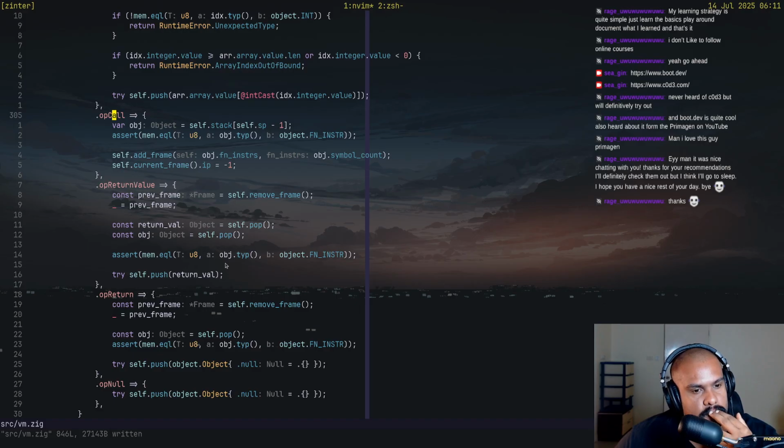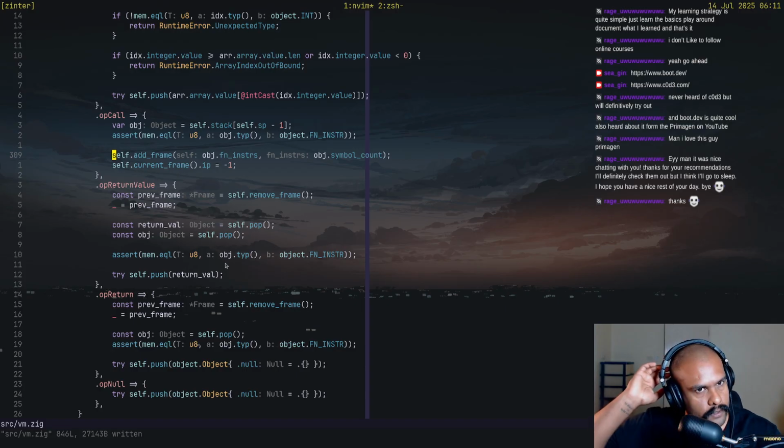Can't remember what I'm doing. Gotta increment the stack pointer.